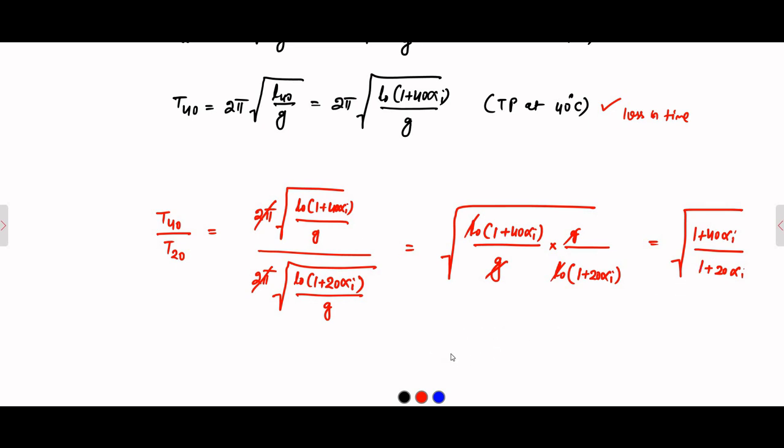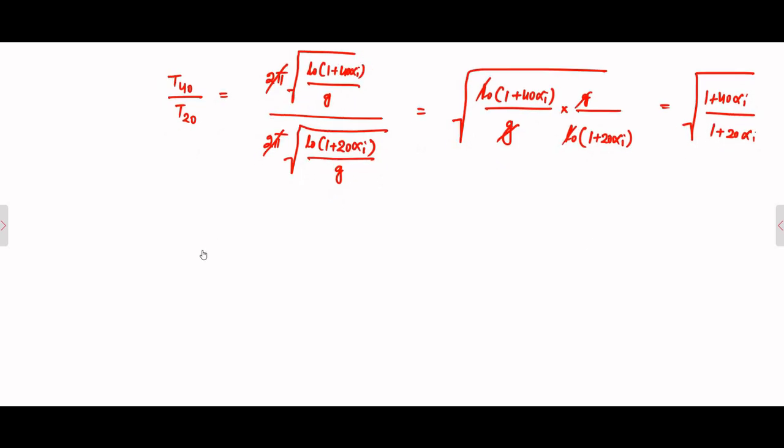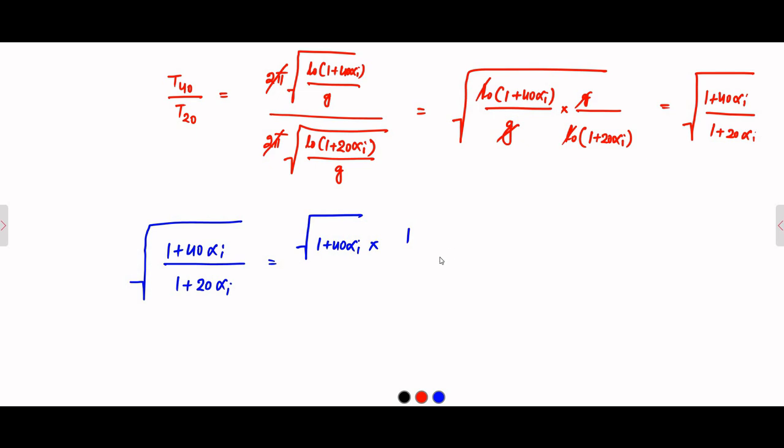So we can write it as 1 plus 40 alpha l into 1 by root over of 1 plus 20 alpha l, which is equal to 1 plus 40 alpha l to the power 1 by 2 into 1 plus 20 alpha l to the power minus 1 by 2. We can write it this way, there is no problem.